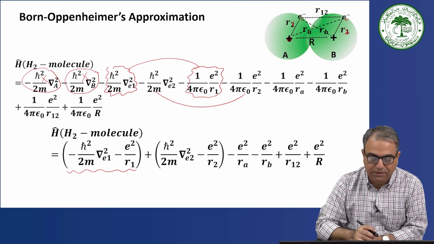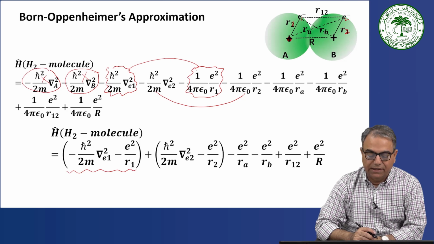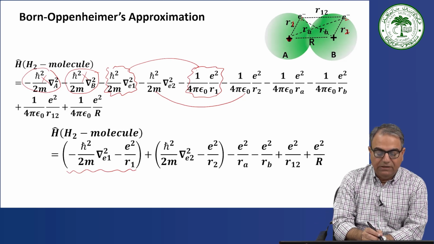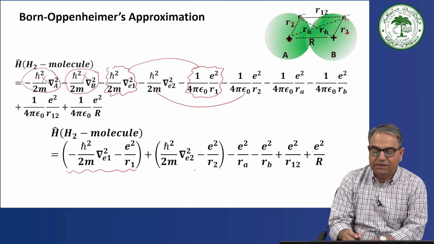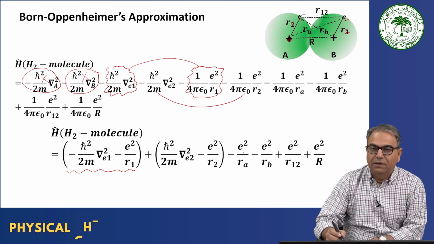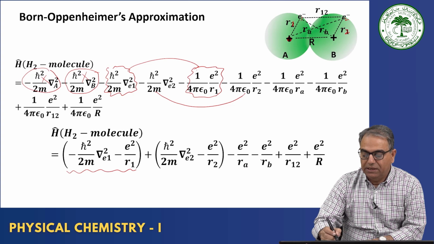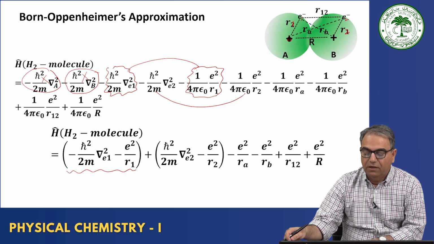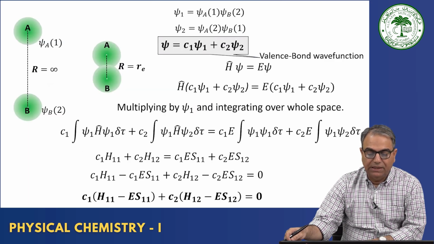So you have a hydrogen atom Hamiltonian here, and another second hydrogen atom Hamiltonian here. And then you have these terms: minus e square by RA, minus e square by RB, plus e square by R12, plus e square by R. So two repulsive terms are still there.